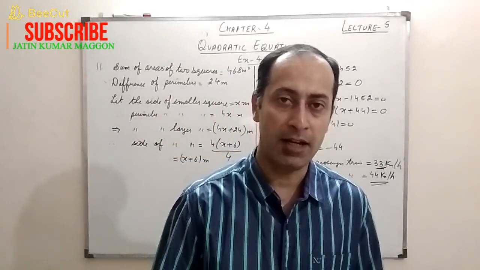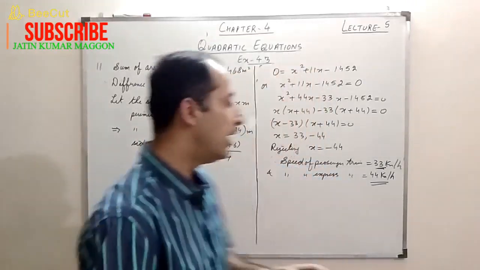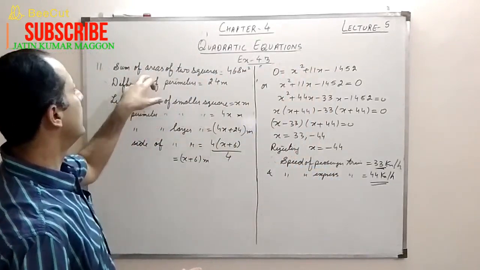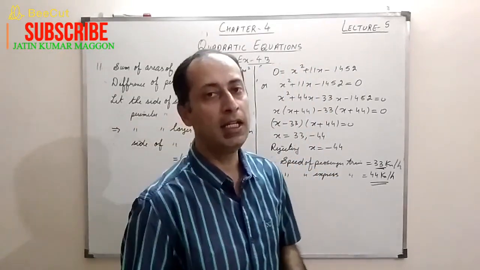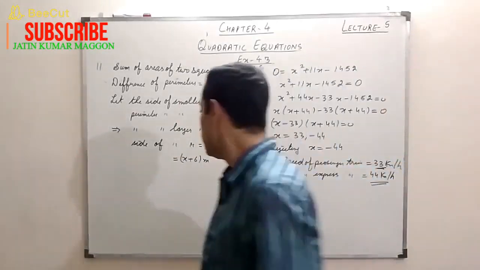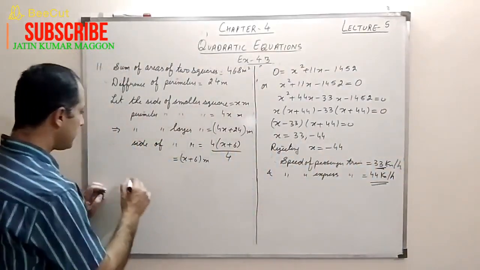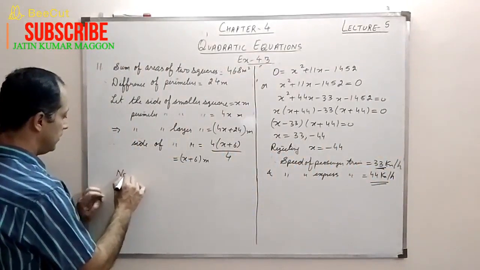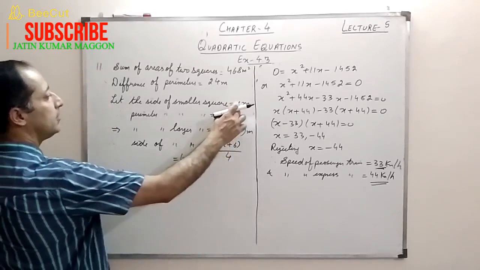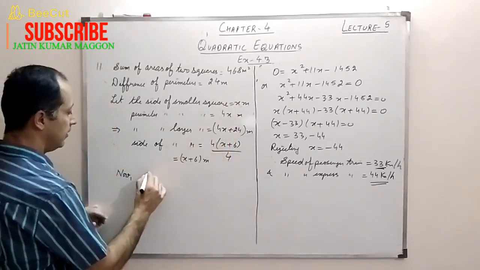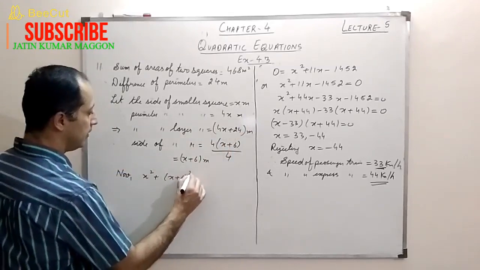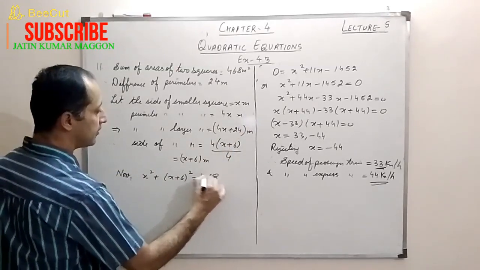So now I have the side of both the squares. Now what I have to do is put these two values in the first condition, that the sum of the areas of the two squares was given as 468 meters square. So I just substitute the values. The area of a square is side square. So the first one is x square plus x plus 6 whole square, and this is equal to 468.